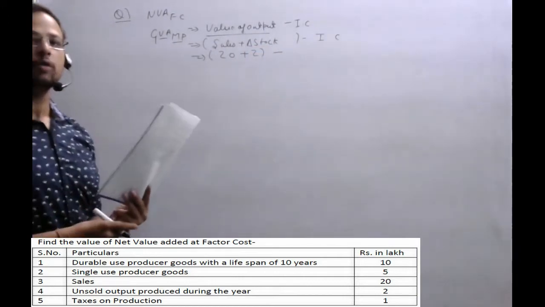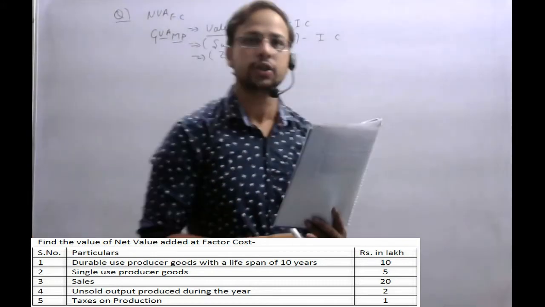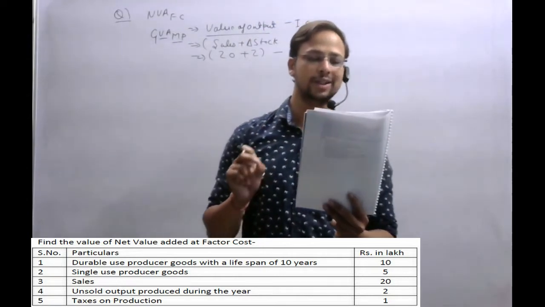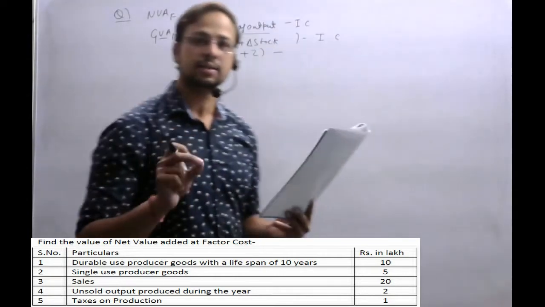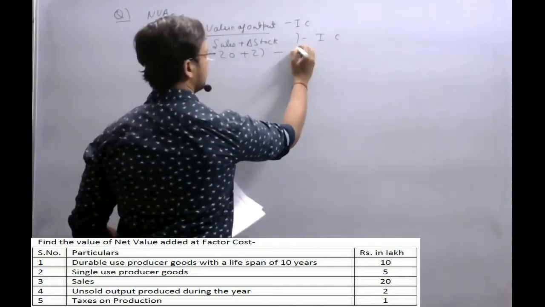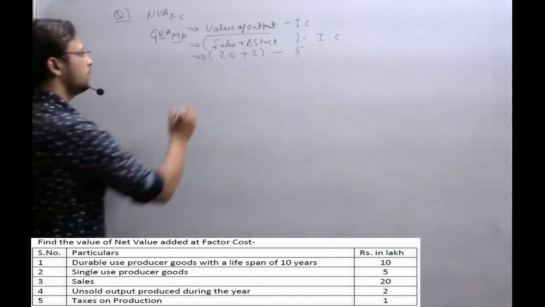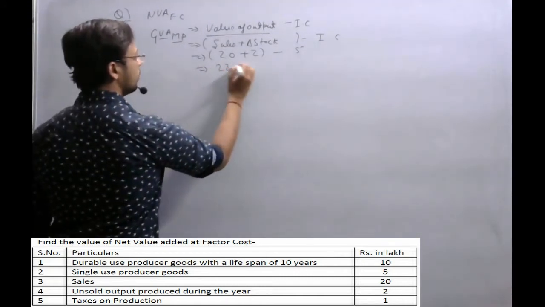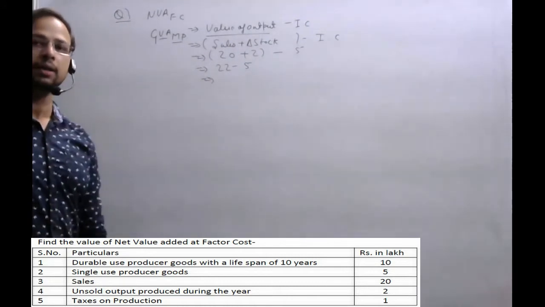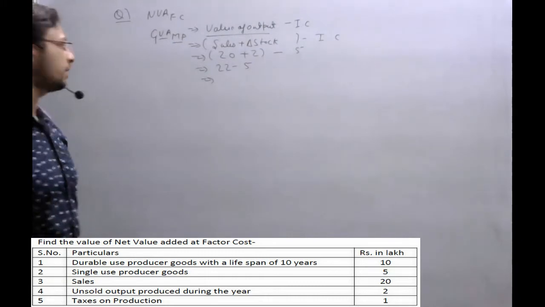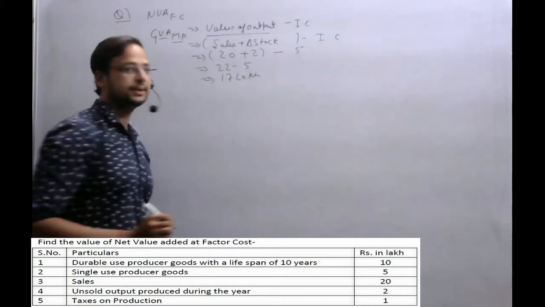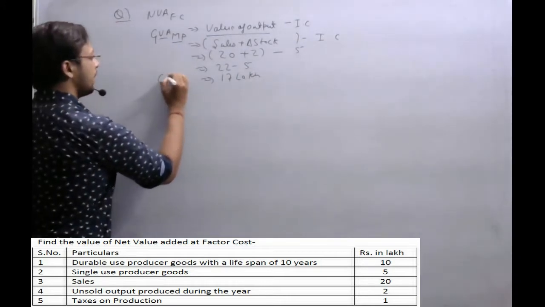Intermediate consumption is the cost of raw material, and it is clearly given that single use producer goods are the intermediate consumption, that is rupees 5 lakh. Now we will solve it. It is 22 minus 5, which is 17. 17 lakh will be your answer, but it will be the value of GVA at MP.